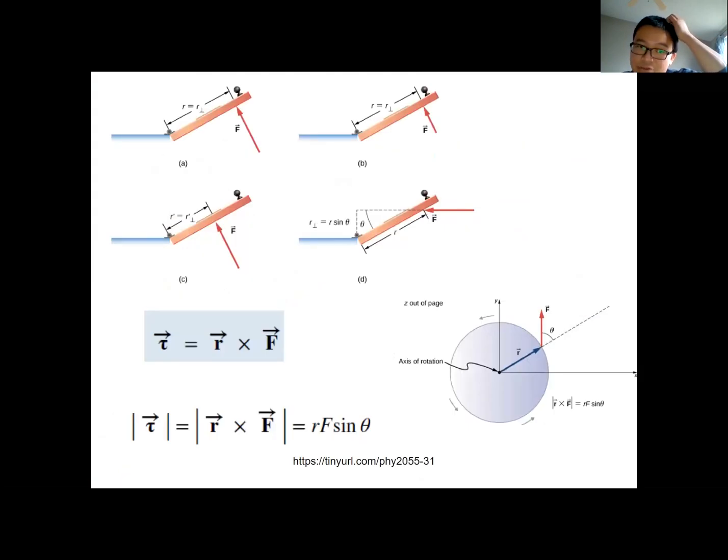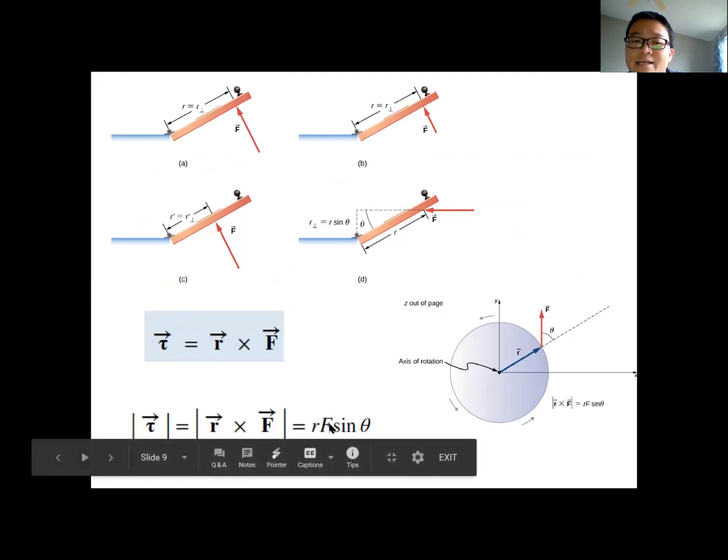Torque is actually also a vector quantity. For the magnitude, it's R times F, if R and F are perpendicular to each other. In general, R and F might not be perpendicular, and in many cases they are not. Then for the magnitude, it's R times F times sine theta, where theta is the angle between the R and F vectors.